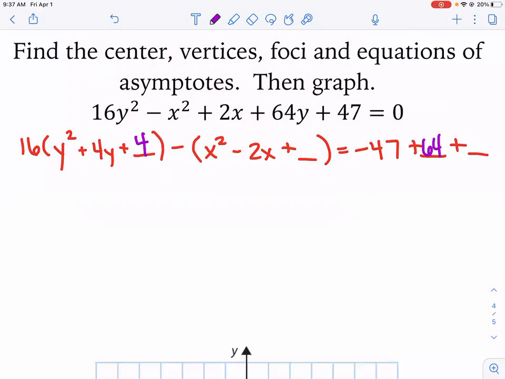What completes our square right here? 1, but we're not adding 1. We're adding 1 times negative 1. What's 64 minus 48?